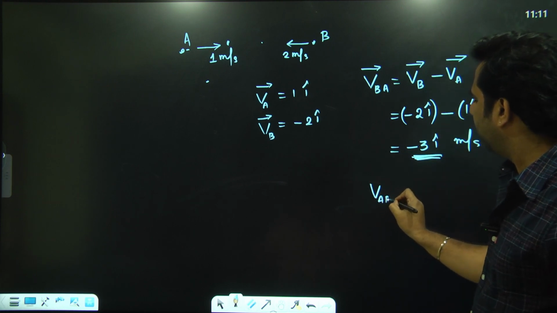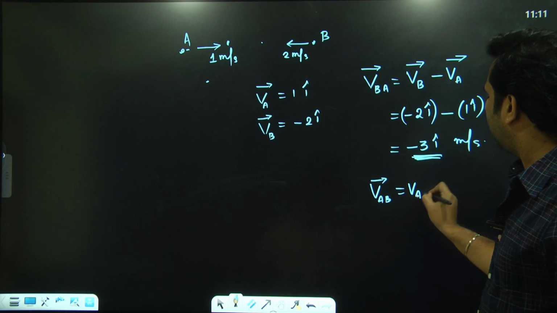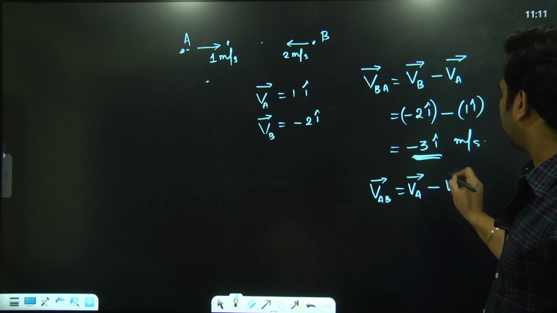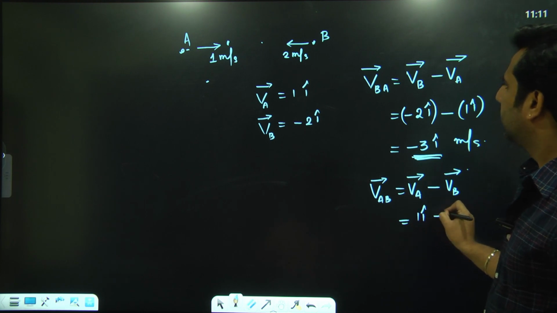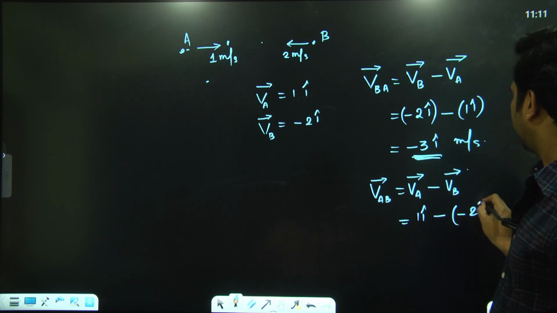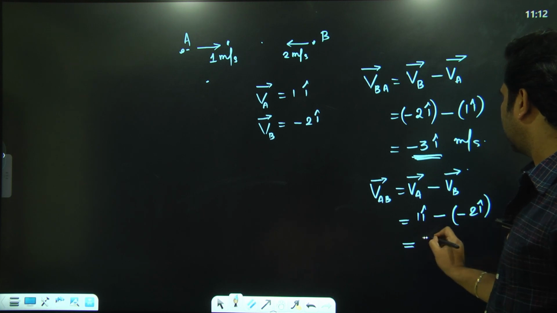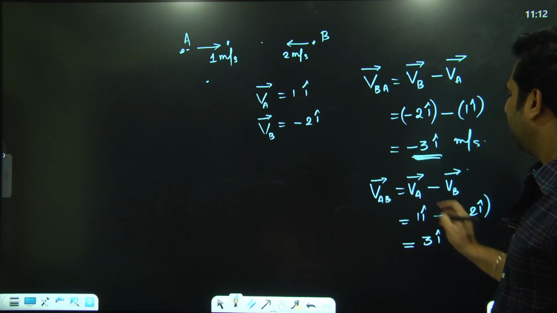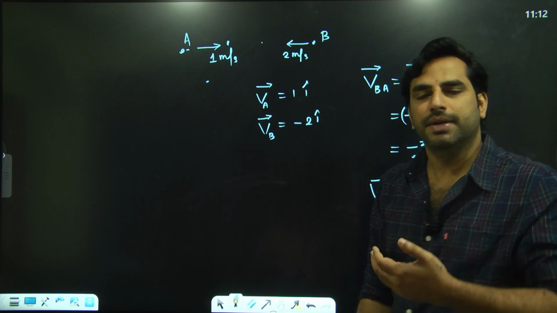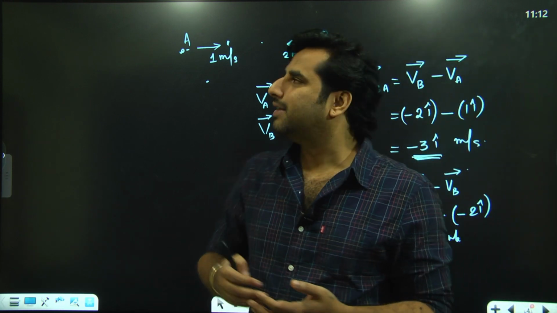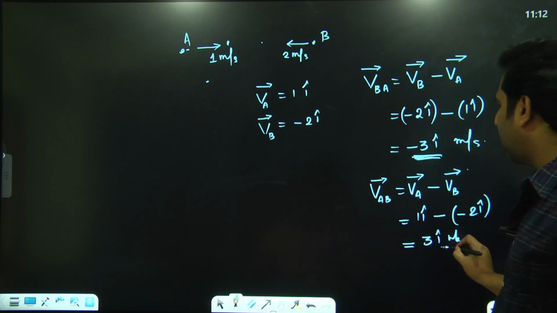Similarly, if you do V_AB bar, it is V_A bar minus V_B bar, which is 1 i cap minus 2 i cap, 1 minus of minus 2, that is 3 i cap meter per second. V_AB is velocity of A as seen by B. Velocity of A as observed by B is towards right, obviously.